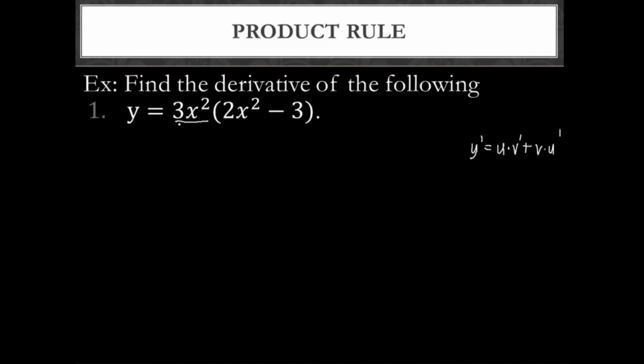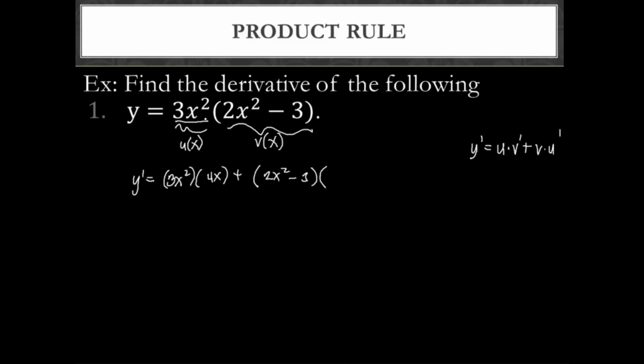Okay, so ito yung ating magiging u of x at ito naman yung ating magiging v of x. Okay. So the rule is, copy the first term, okay, times the derivative of second term, so ito yung magiging 4x na lamang. Okay? Plus, copy the second term, times the derivative of the first term.